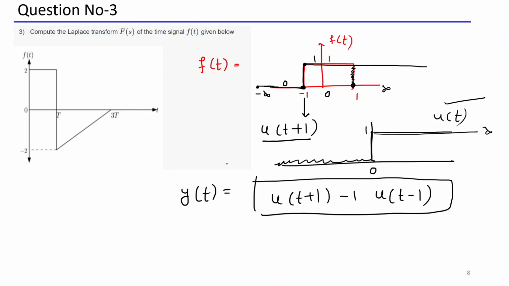If you don't get it, tell me. Here the height is 1 because you are rising from 0 to 1, and here it is minus 1 because you are falling from 1 to 0. This is a rising slope, this is a falling slope, right? Got my point?